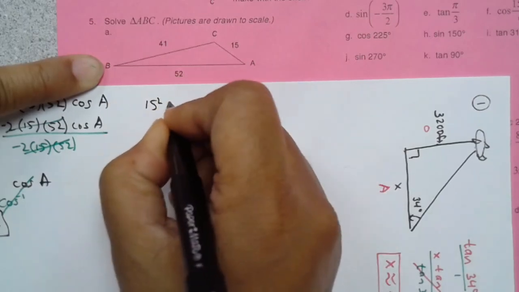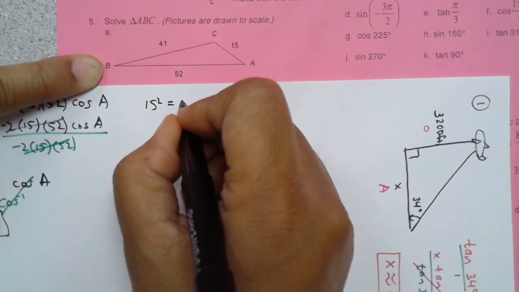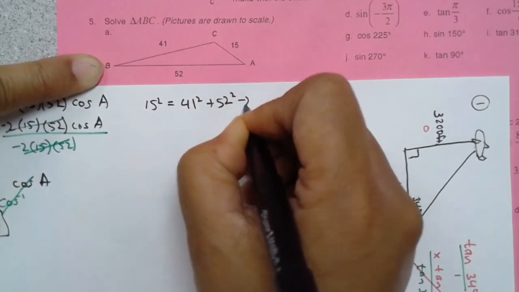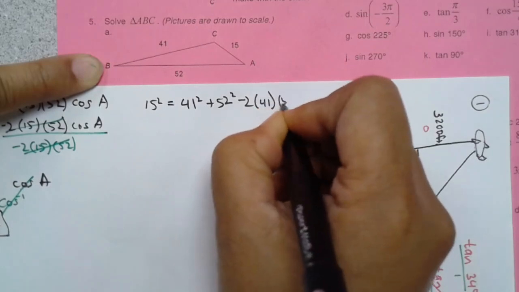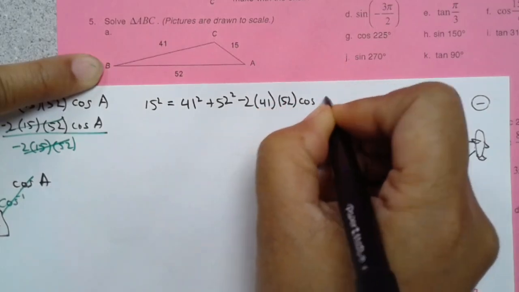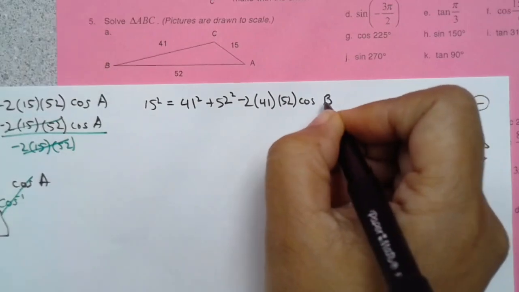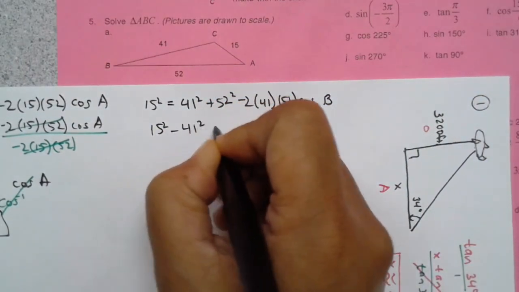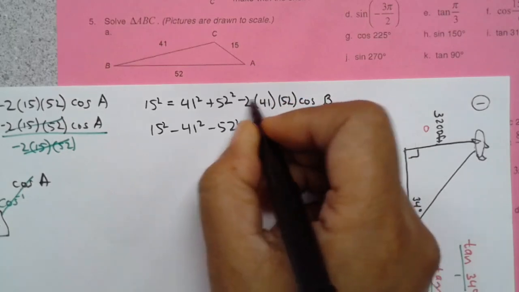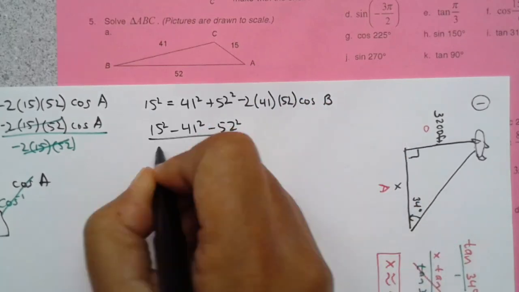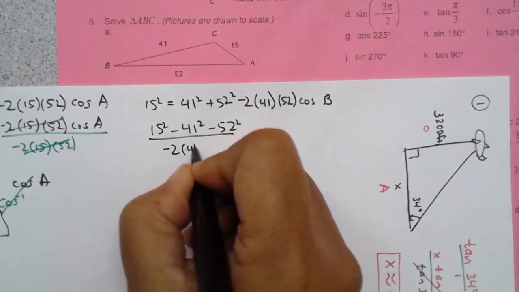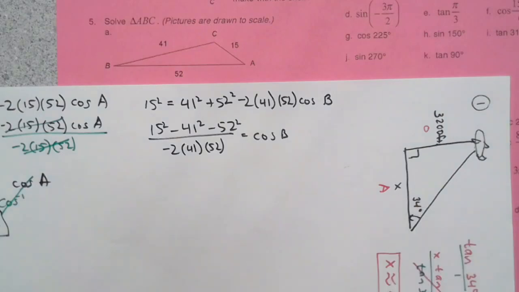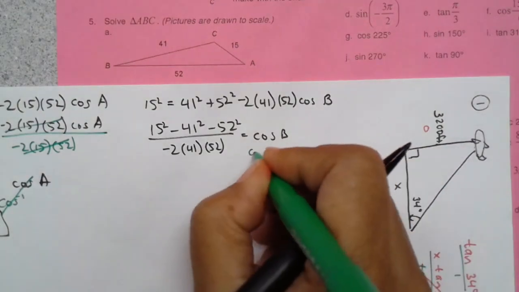That's 15 squared equals the other two sides, it doesn't matter what order, 41 squared plus 52 squared minus 2 times 41 times 52, and then cosine of angle B. All right, again, I'm going to have to move these over by subtracting 15 squared minus 41 squared minus 52 squared, and I'm going to divide this to the other side. Negative 2 times 41 times 52. To get rid of cosine, we're going to do the cosine inverse.